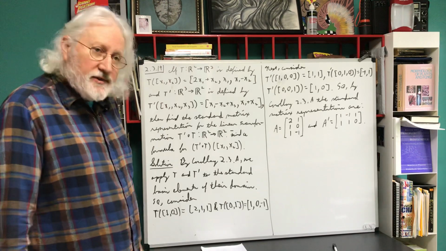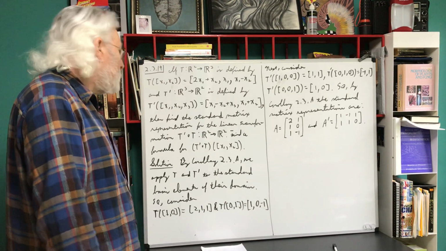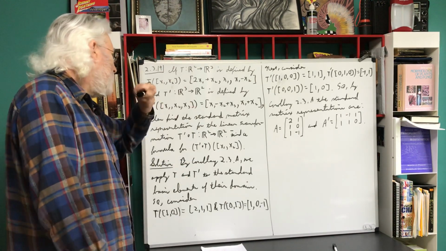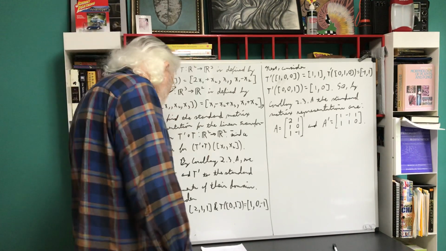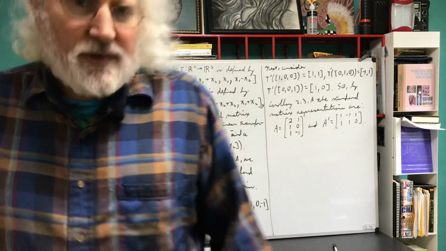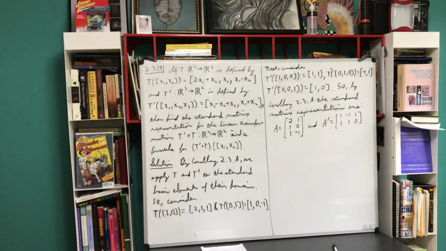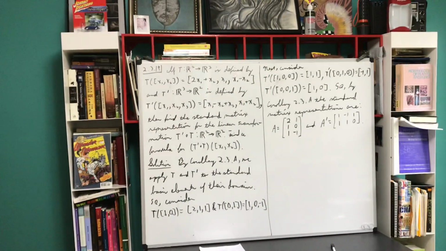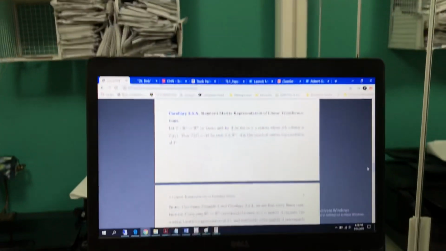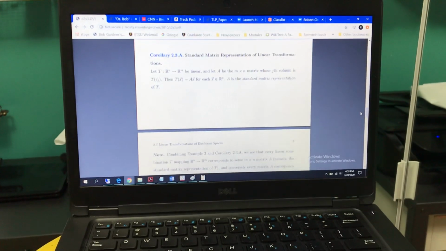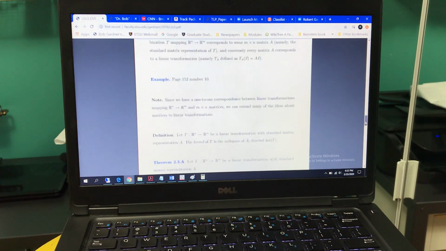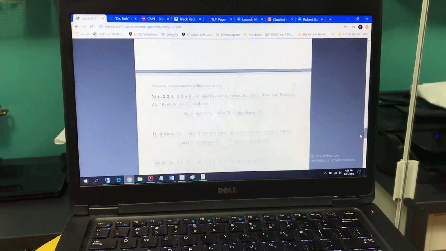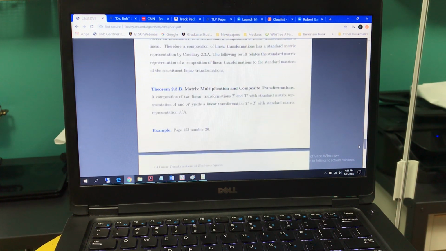But we weren't asked for the standard matrix representations of T and T prime. We were asked for the standard matrix representation of the composition. So let's run to the notes and find the relevant result for standard matrix representations of a composition. That's also in this section. Here we go.